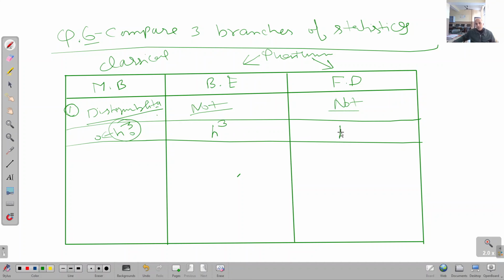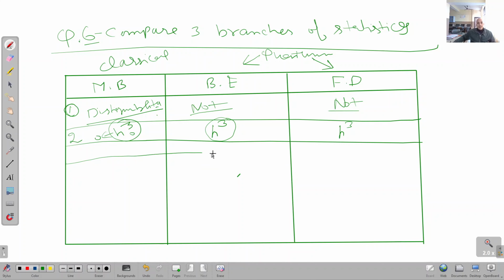Here h is the Planck's constant. So in this particular case, this value can't go below h cube. The volume of the phase space cell can't be less than this number, right? It will be always either equal to or greater than this number h. Here h is Planck's constant, right? So this is the second difference between these three wings of statistics, the volume of the phase space cell.